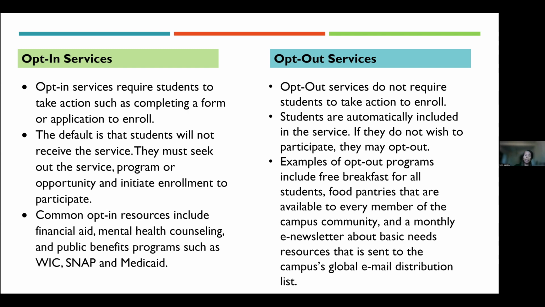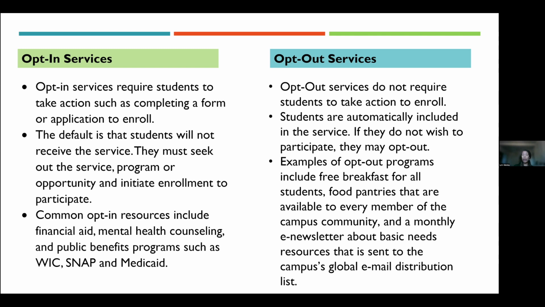Opt-out services. These are the services that don't require students to take action to enroll. They are automatically included. And if they don't wish to participate, they may opt out. But everyone is included from the beginning. And so there's nothing that they need to do to be able to receive that service. And you have some examples here. Food pantries that are available to everyone in the campus community.